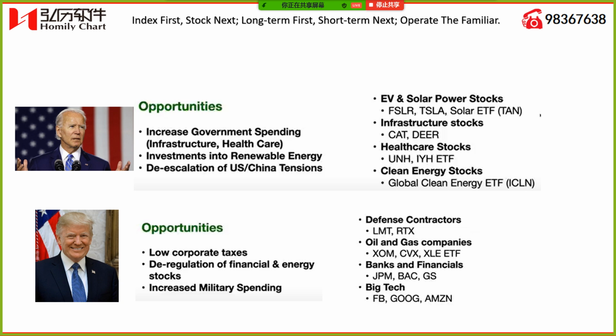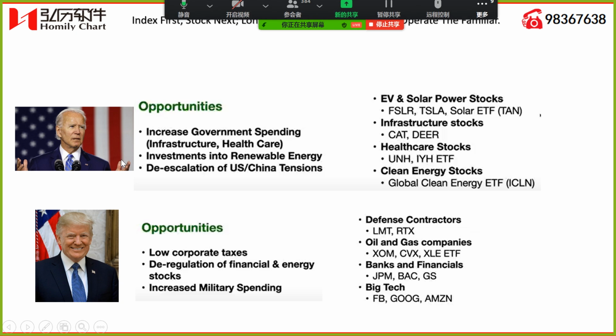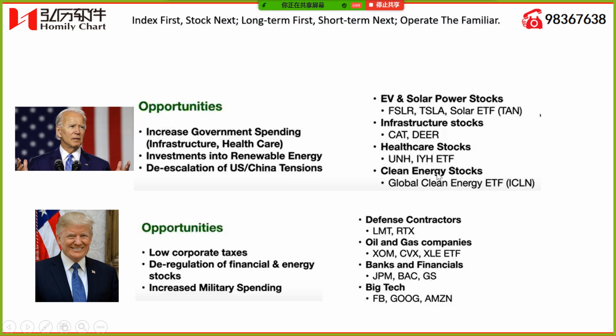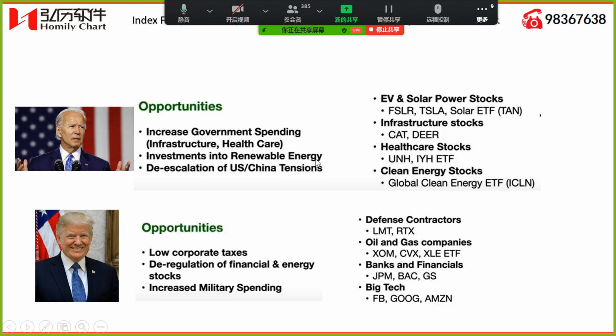the election. Okay, for Biden, if Biden wins the election, you can see sectors like healthcare, renewable energy, EV and solar power stocks, because he will increase government spending, okay, and investment into renewable energy, and also some other strategy.